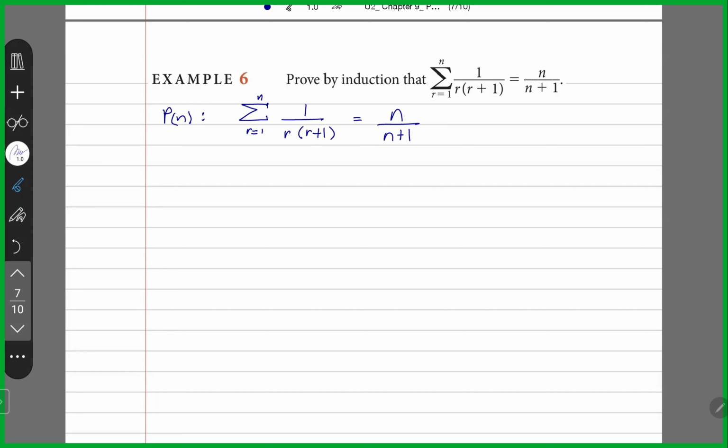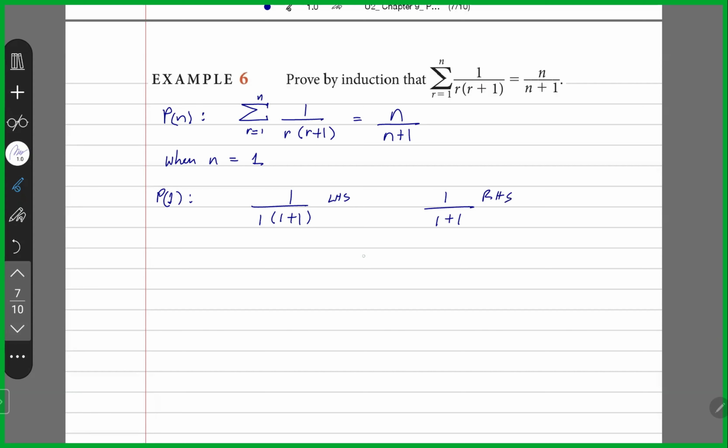I'm going to say when n is equal to 1, so on the left-hand side, I would have 1 over 1 into 1 plus 1. And on the right, I have 1 over 1 plus 1.